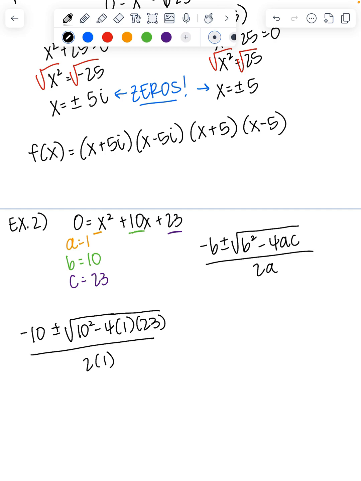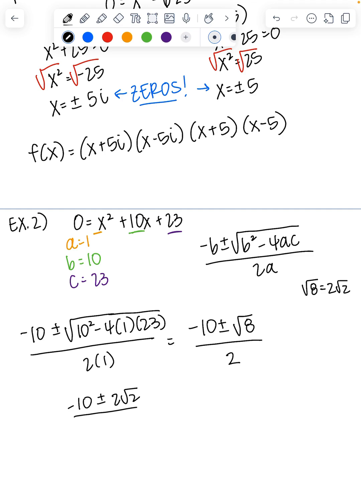Okay. I have the negative 10 plus or minus a rad 8 over 2. Now, I do need to simplify here. So right now, I have rad 8 is going to equal 2 rad 2, sorry. So now I have negative 10 plus or minus a 2 rad 2 over 2.